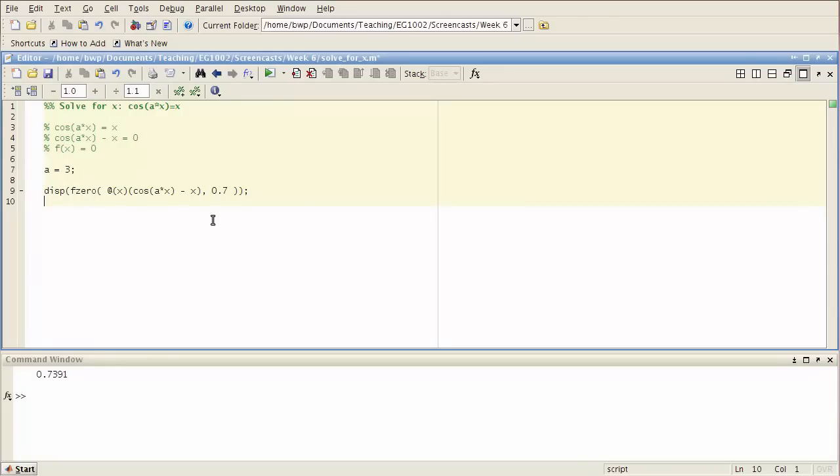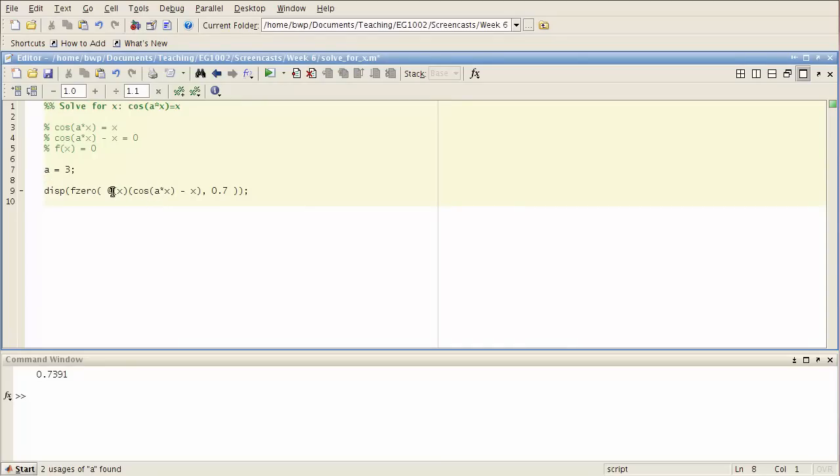This seems kind of obvious, but there's actually something a little bit subtle going on here, which is that this value of a is not defined anywhere inside this function. Remember that the anonymous function is this little set of characters here, and that's it. But it's able to access this variable a because this anonymous function takes on the scope and the workspace of the place where it was created.